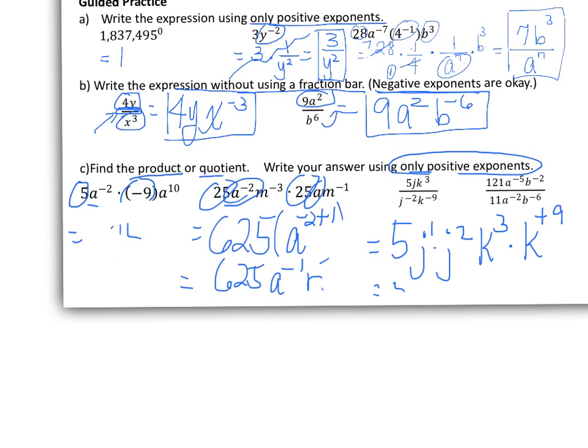So 1 plus 2 is 3. 3 plus 9 is 12. Okay, by the product property, 5 times j to the 3rd power times k to the 12th power will be your answer. Okay, let's do the last one.